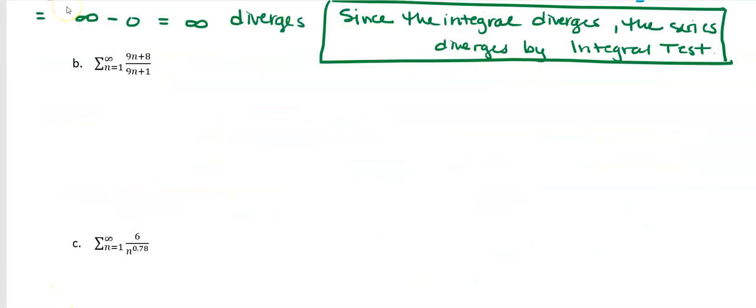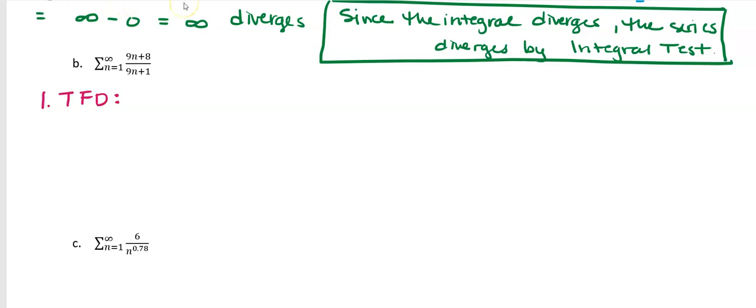Now let's look at 4b. So 4b is the series for 9 times n plus 8 over 9 times n plus 1, and we're going from 1 to infinity. So once again, I'm going to start with my test for divergence to see if this will lead us to the end.